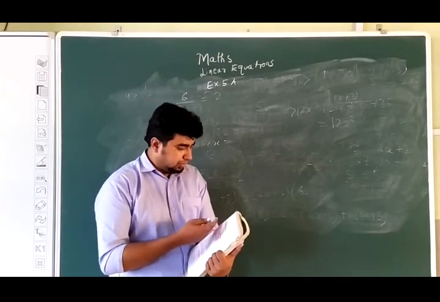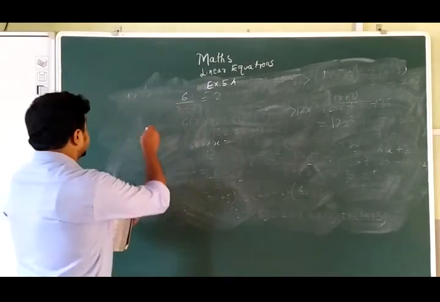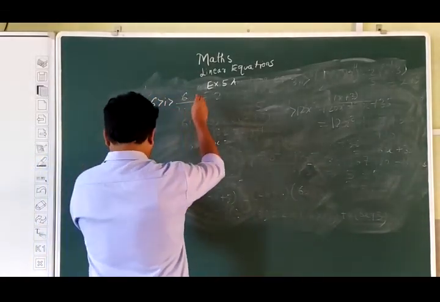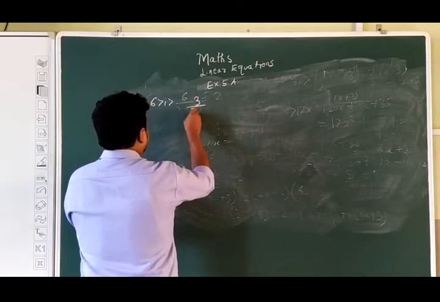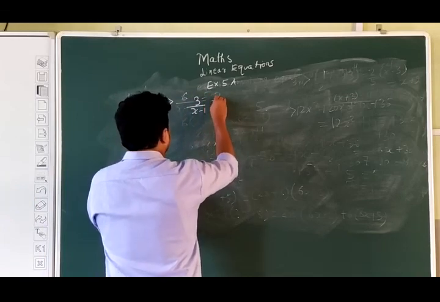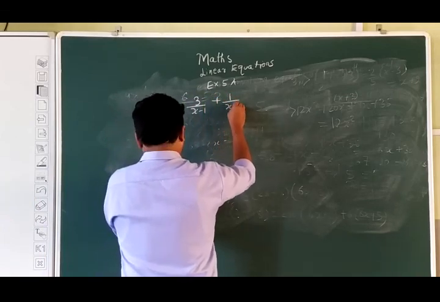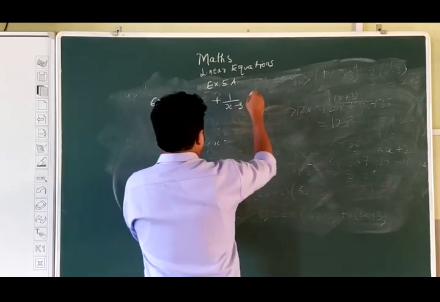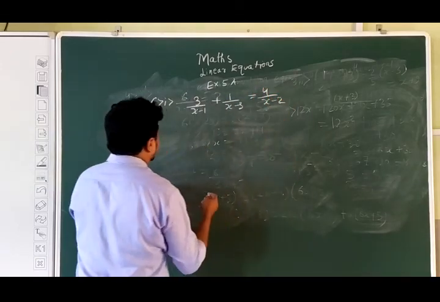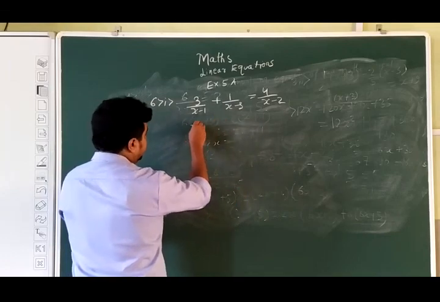So we are going to discuss 6 bit 1. It is given to us 3 by x minus 1 plus 1 by x minus 3 equal to 4 by x minus 2. Now we can take LCM.